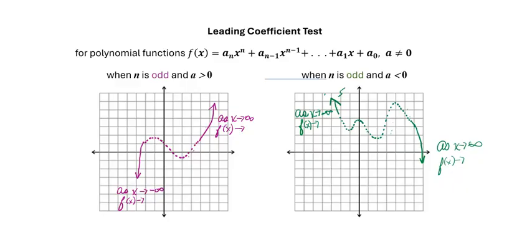right. But in both of those cases, you can have some local extrema. That means in the middle there, you can have some maximum and minimum values. But overall, the end behavior of the graph is either going to open up or down if the power is even, or rise or fall if the power is odd.